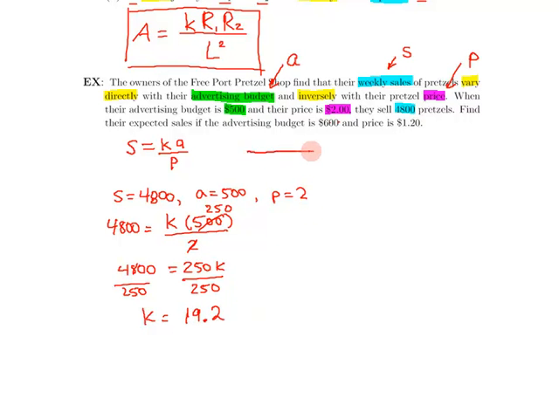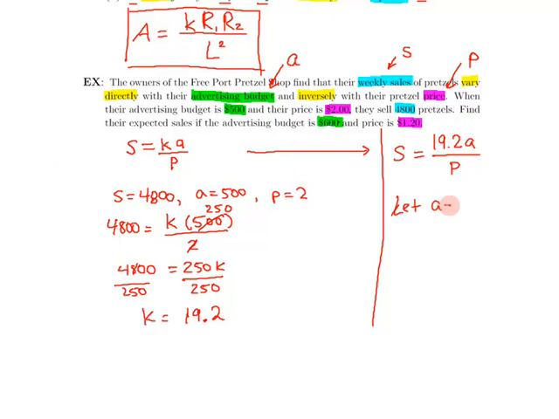So now rewrite your variation equation. You have S is 19.2 times the advertising budget divided by the pretzel price. Now let's answer the question. The question says, let the advertising budget, which is A, be 600, and then let my pretzel price P be 1.2 or $1.20.